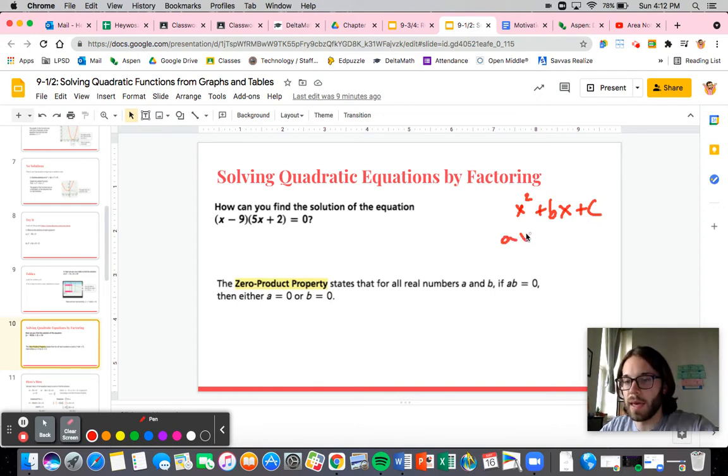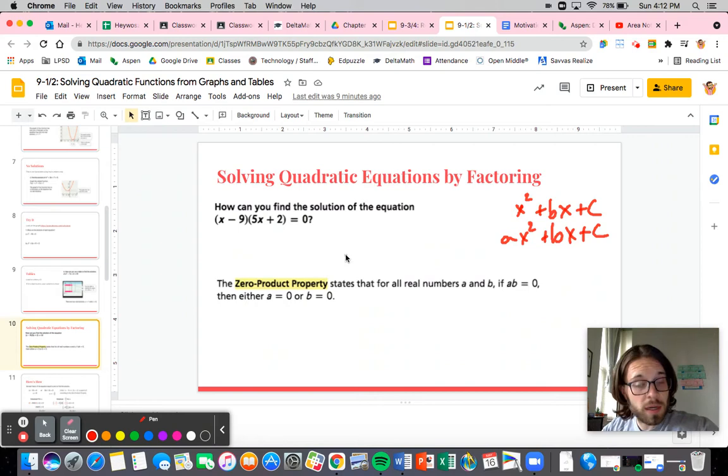Then when you had the a in the front, ax squared plus bx plus c, you looked for factors of a times c that added up to b, and then went through the process of factoring out like terms. Once you went through all that, you got something that looks like this: x minus 9, 5x plus 2.